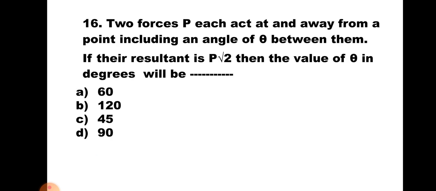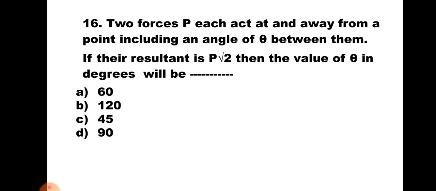Question number 16. Two forces P each act at and away from a point including an angle of theta between them. Their resultant is P root 2. Then the value of theta in degrees will be A 60, B 120, C 45 and D 90.